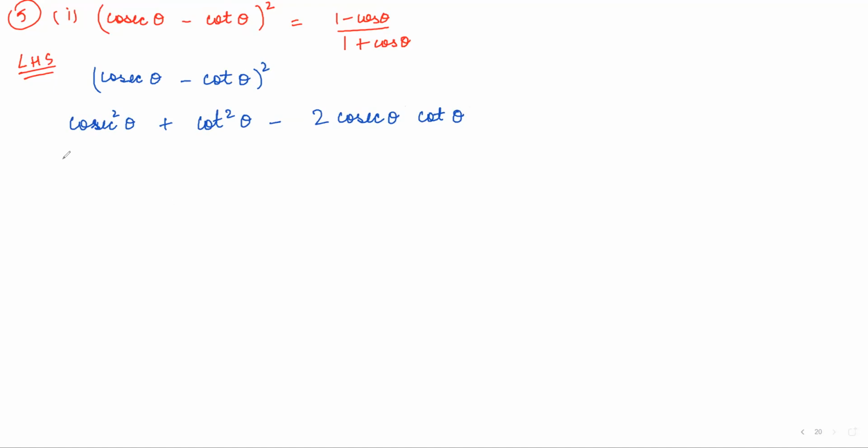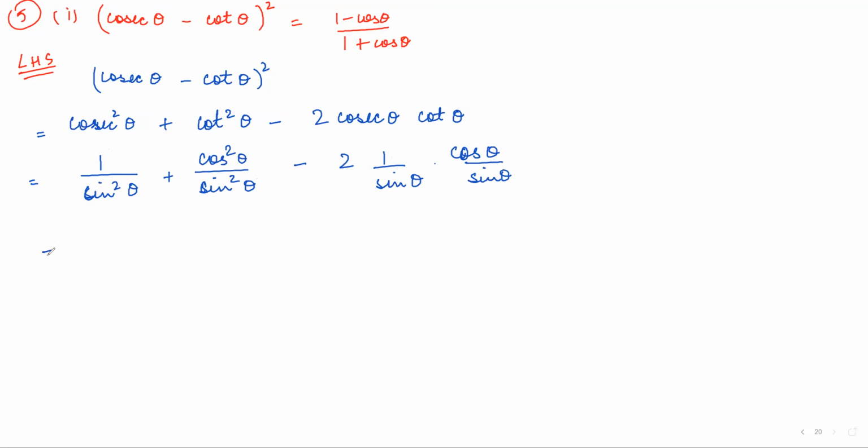Now you convert it into sine and cos. So that becomes 1 upon sine square theta plus cos square theta upon sine square theta minus 2 into cosec is 1 upon sine theta and cot is cos theta divided by sine theta, right?